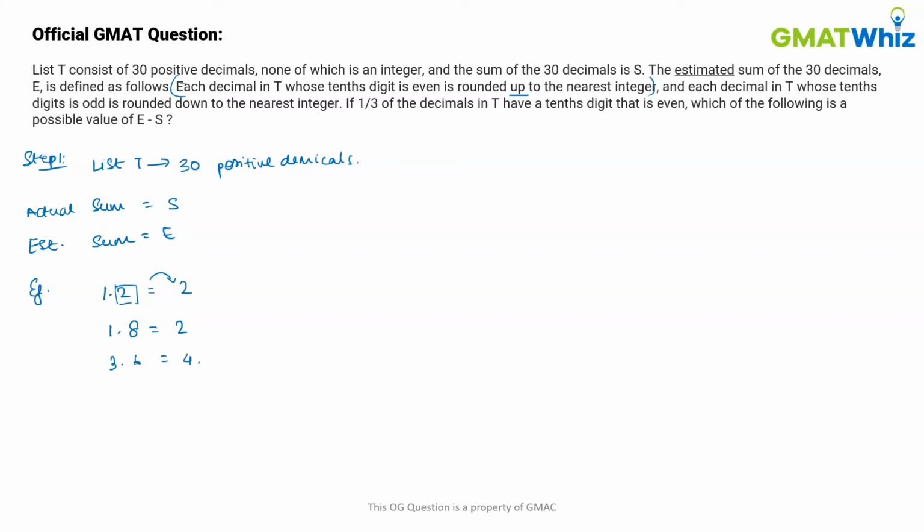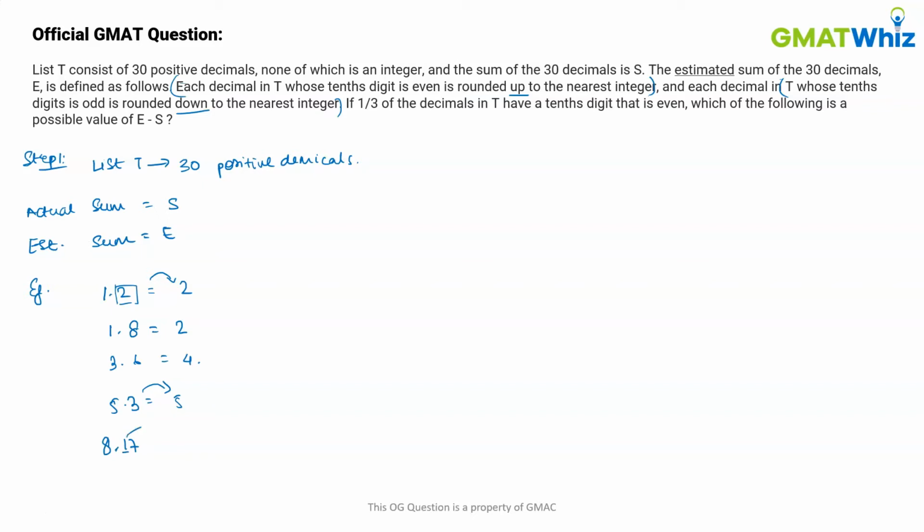And we are given that each decimal in T whose 10th digit is odd. Now let's take a number in which the 10th digit is odd. Suppose we take 5.3. Then here it will be rounded down to the nearest integer. That means we will write this as 5. If we take another example such as 8.17, here the 10th digit is 1 which is odd. So we will have to round down to the nearest integer.